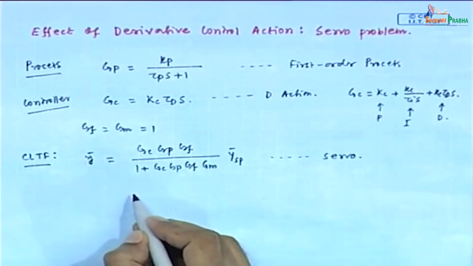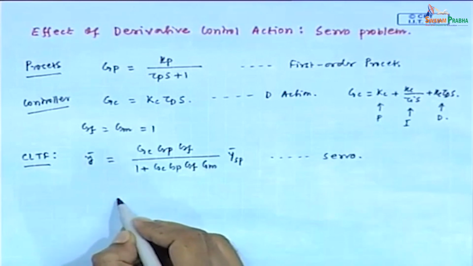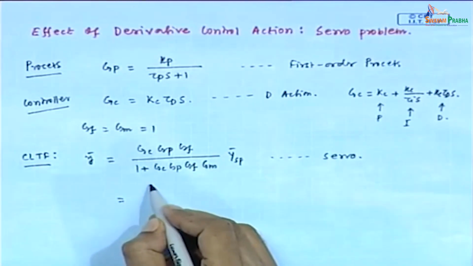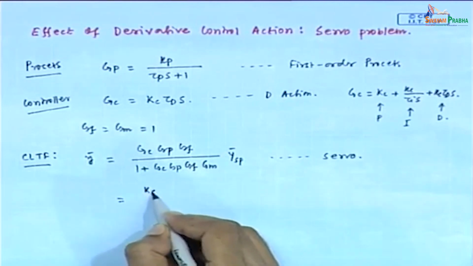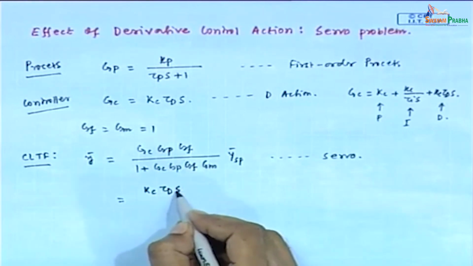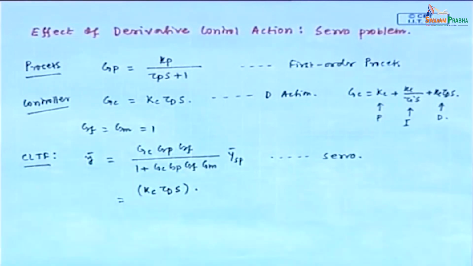Now, if we substitute the individual transfer functions, then we obtain Gc as Kc tau d s.